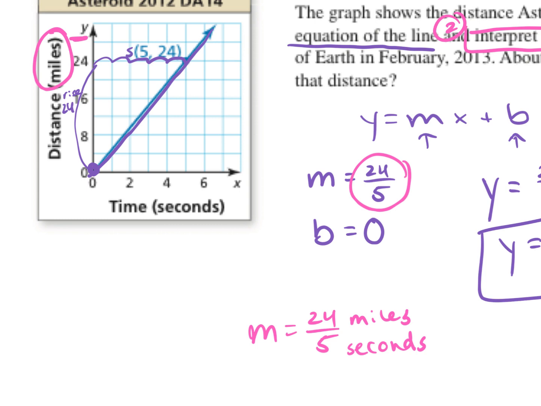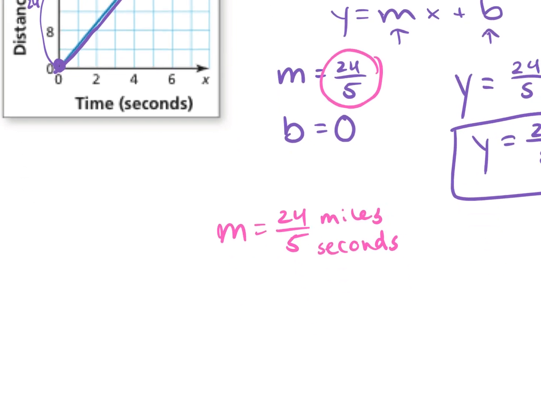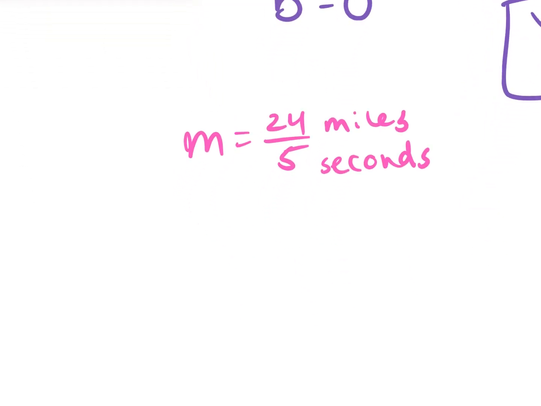So our asteroid is going 24 miles every 5 seconds. We want to figure out how fast the asteroid's going every 1 second. We want to find just the single unit. So let's divide 24 by 5 to find out how fast it's moving in miles per second. So 24 divided by 5. 5 goes into 24 how many times? 4.